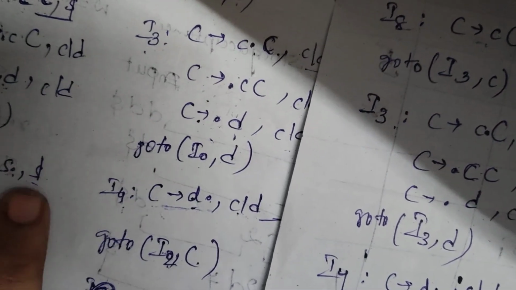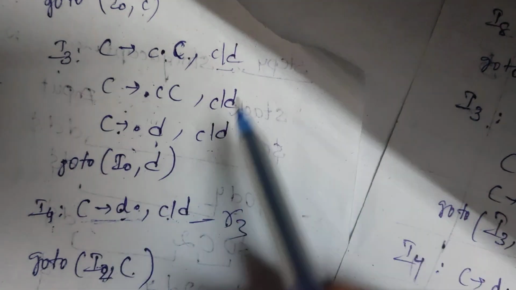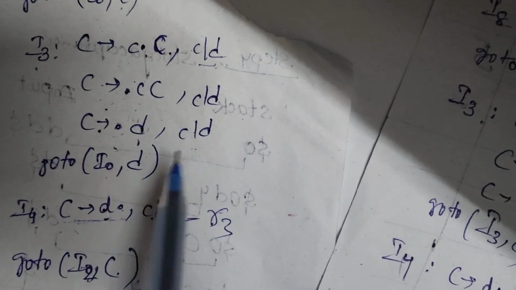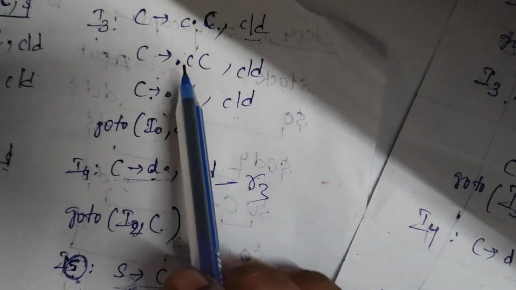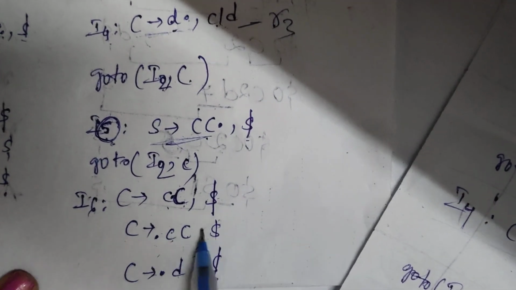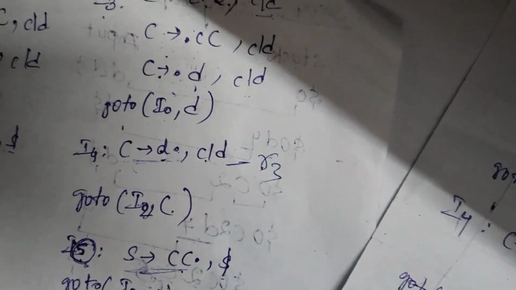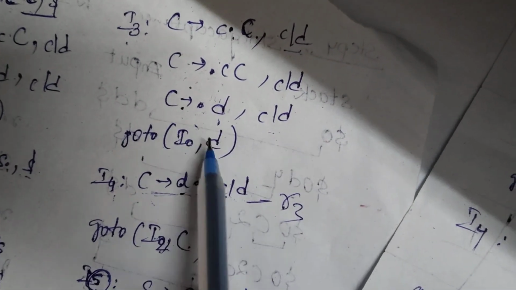So I1, no. I2 productions also we can't see anywhere. I3 productions, can we see them anywhere? Let's check. The same productions as I3 we have in I6 also, but the lookahead symbols are different, dollar. So we need to combine 3 and 6.